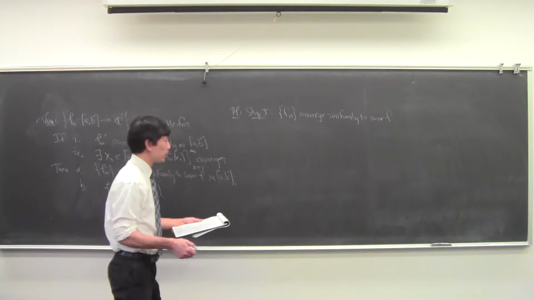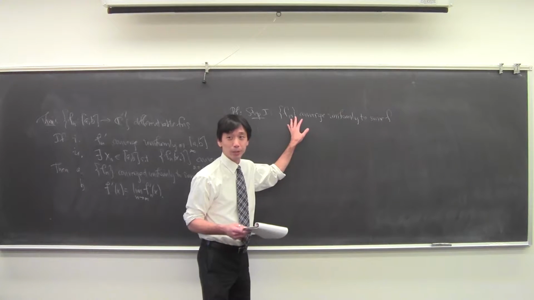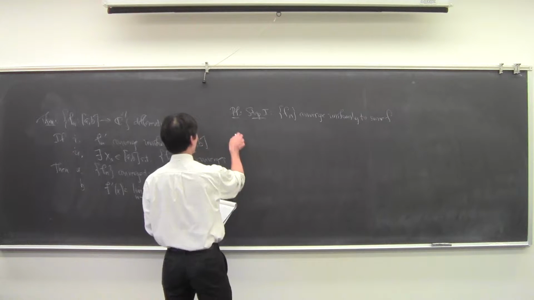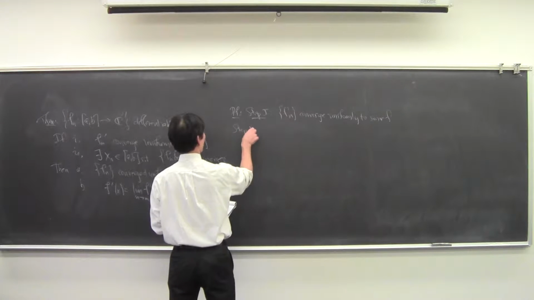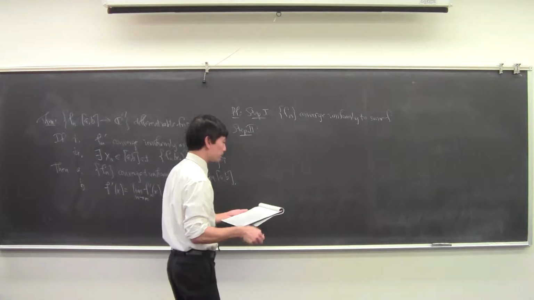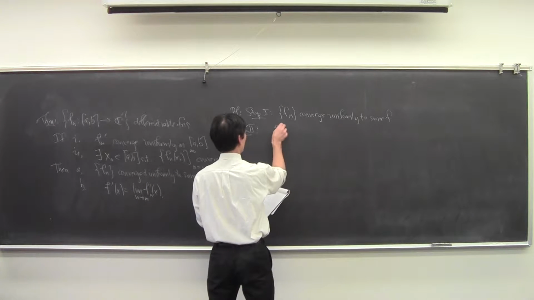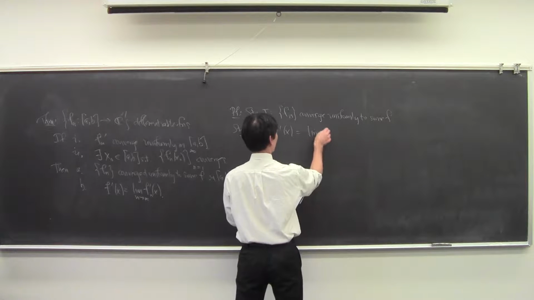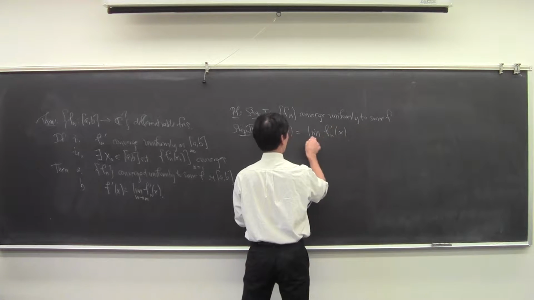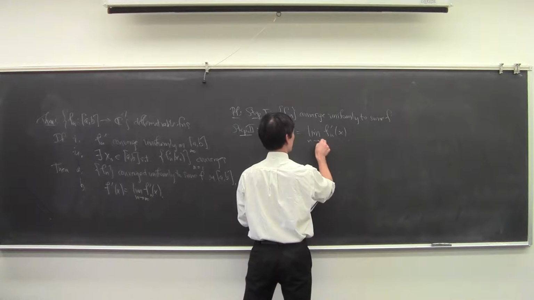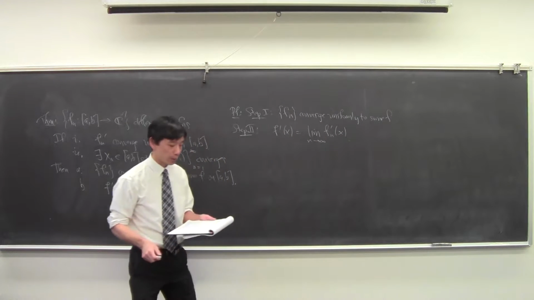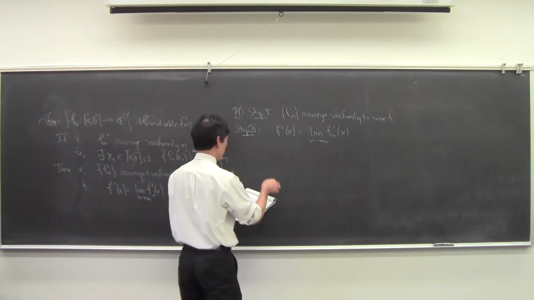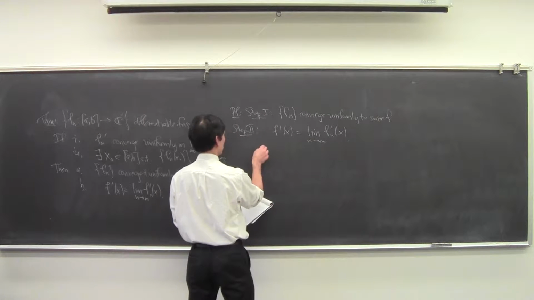So last time we showed that you have uniform convergence to some function, and now part two, we want to show that the derivative of this limit function is the limit of the derivatives. Okay. So what this boils down to is the following.